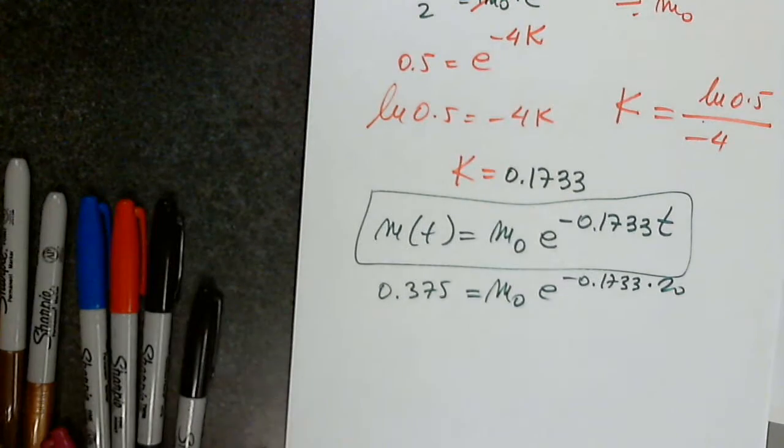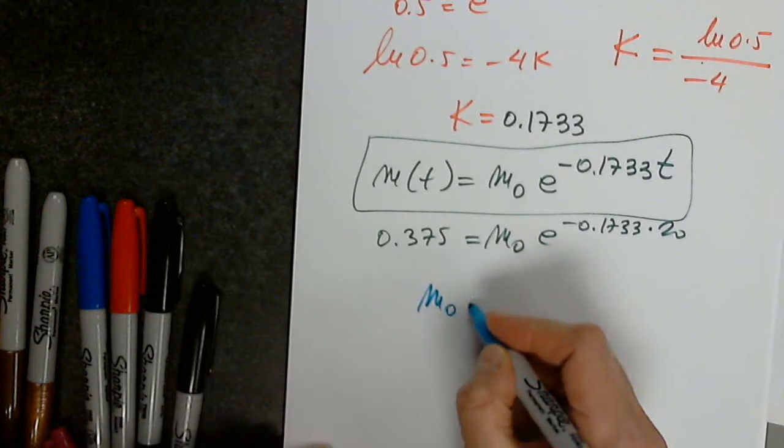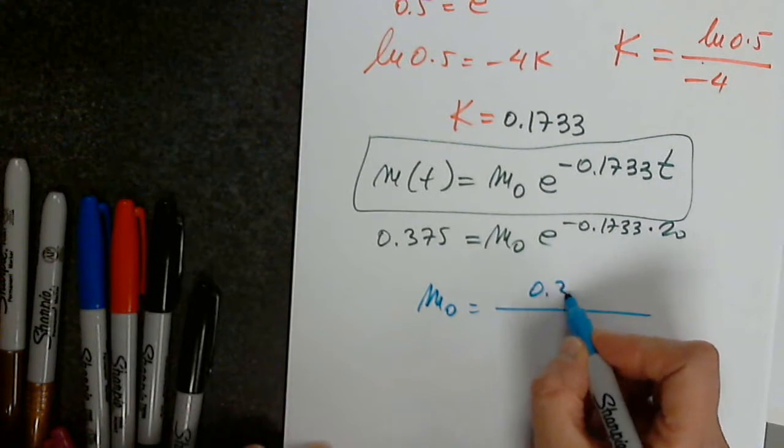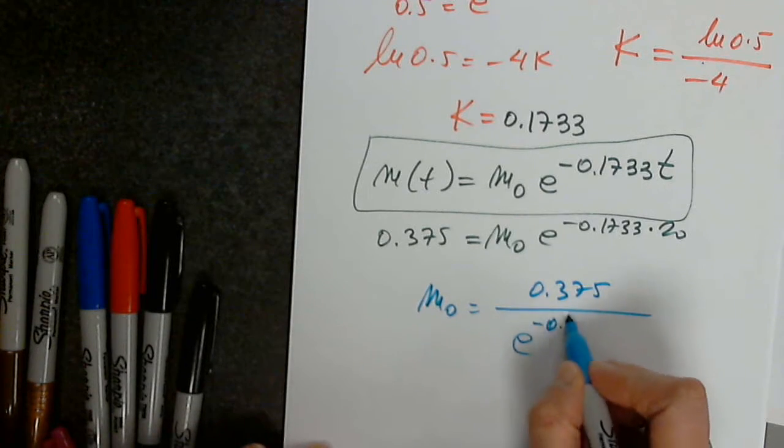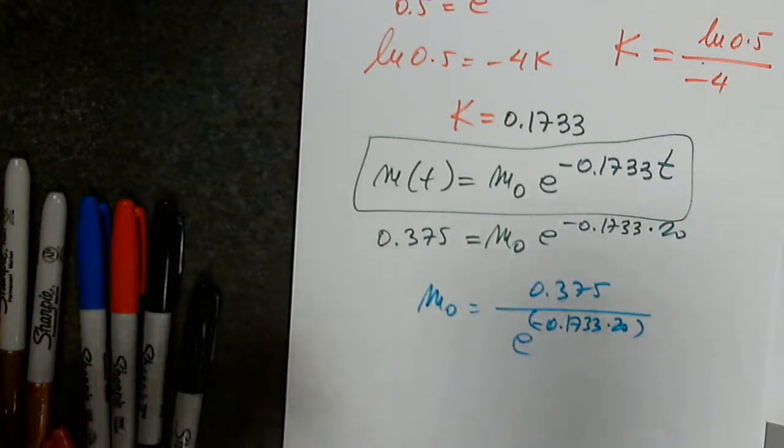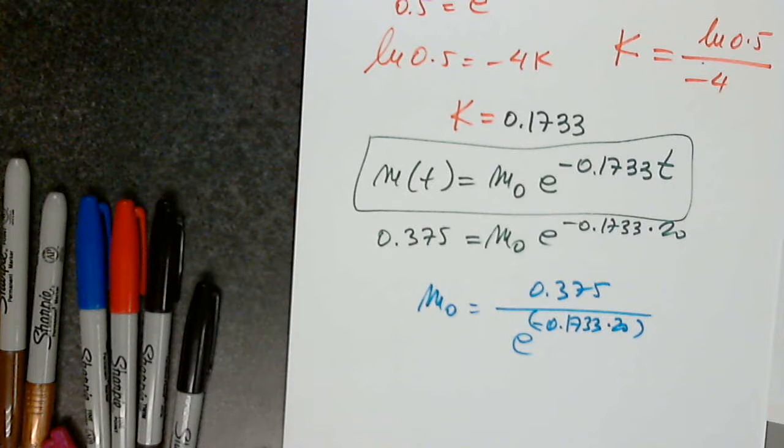This is a linear equation. I will determine m0 by simply dividing this by this. So 0.375 divided by e to negative 0.1733 times 20, if you want to put it like that. So I go to the graphing calculator, and I have 0.375 divided by, I like parentheses everywhere, parentheses again, negative 0.1733 multiplied by 20, close, and close the other parenthesis.